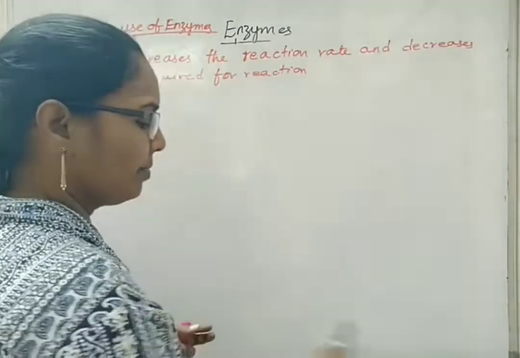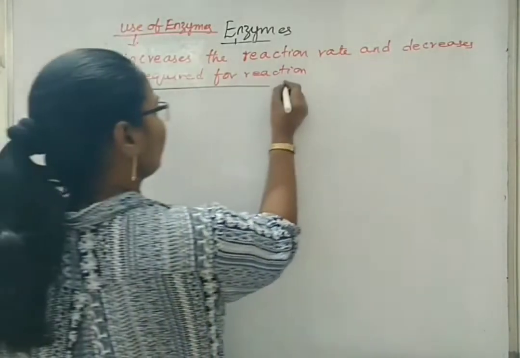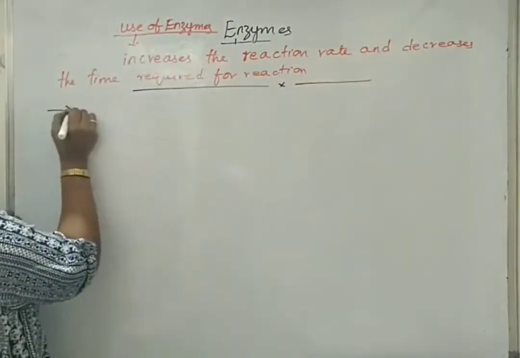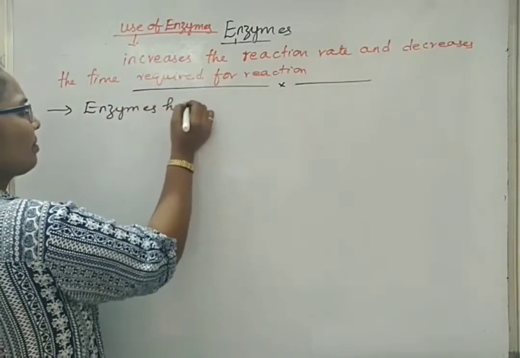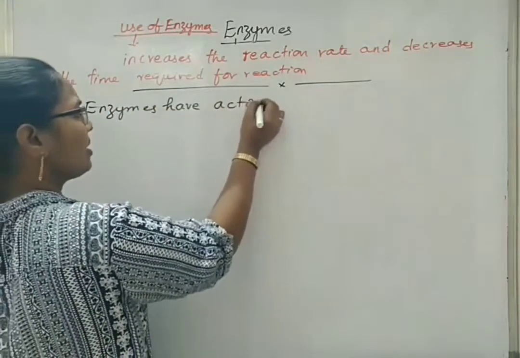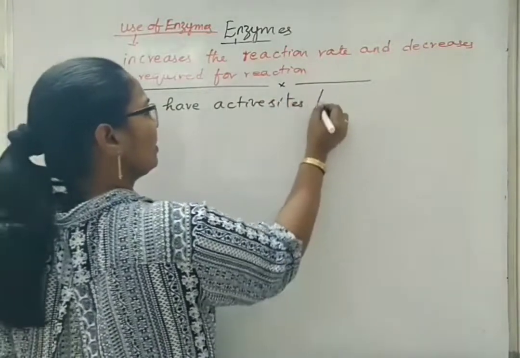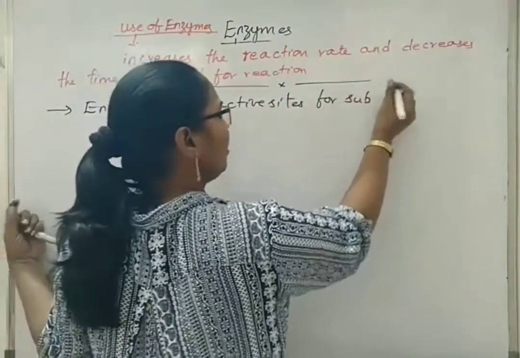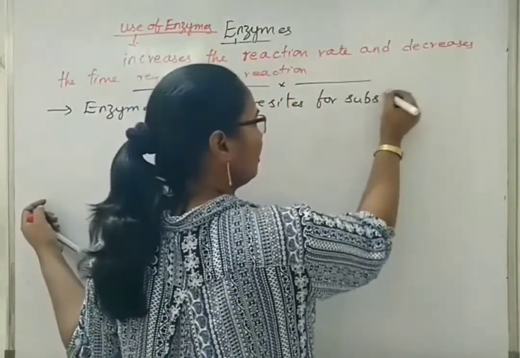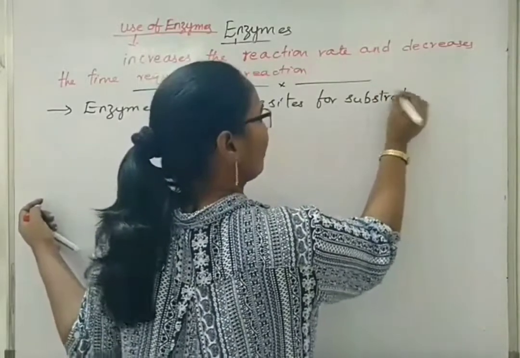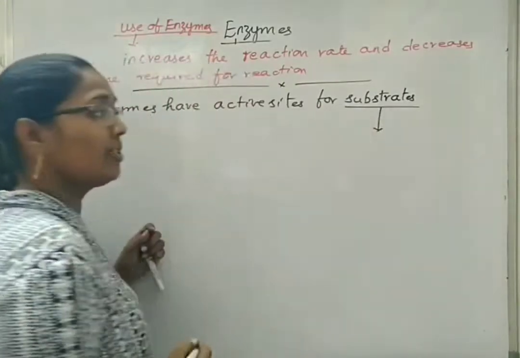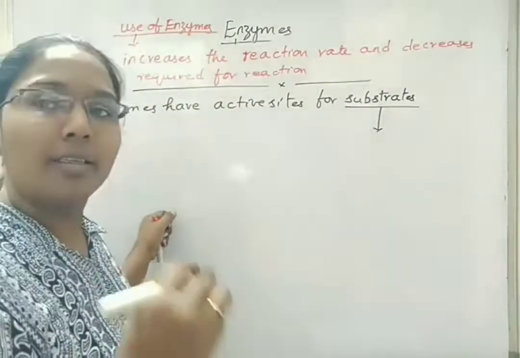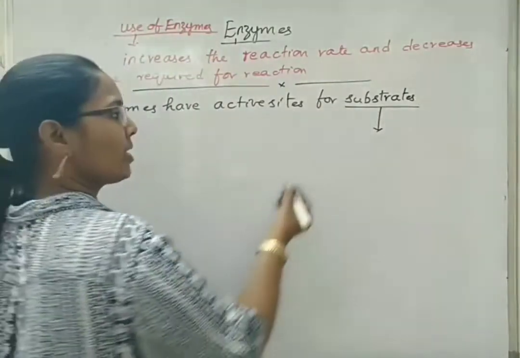Next thing, enzymes have active sites for substrates to bind on them and forward the reaction for substrates. In the same way, substrates have some energy that they have to spend during the involvement in the reactions.